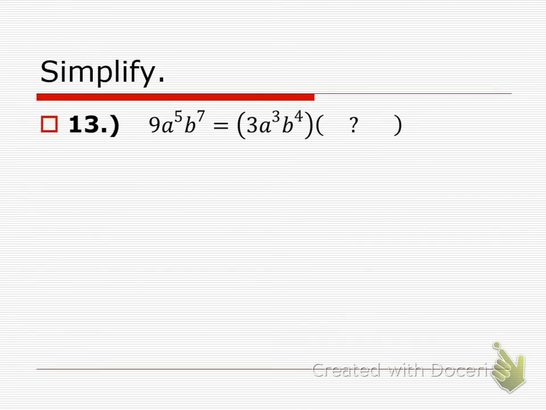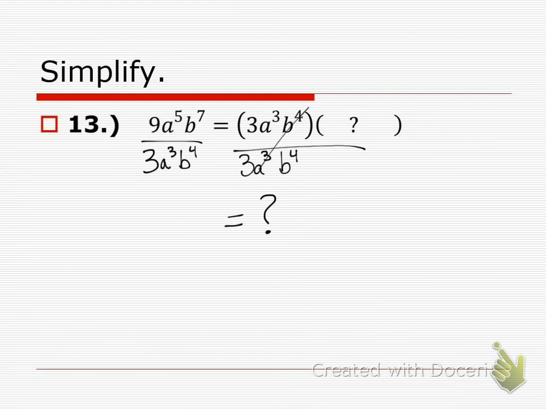Next one. Again, we could kind of build our answer a little piece at a time, or you could go ahead and show that you divide both sides by the 3a cubed b to the 4th. Okay, so then it cancels out and we're just left with our question mark. 9 divided by 3 is what? 3.